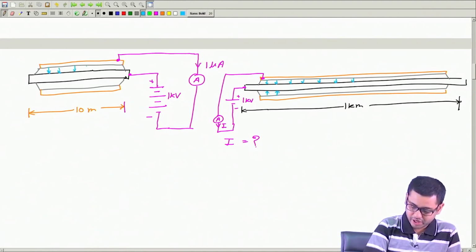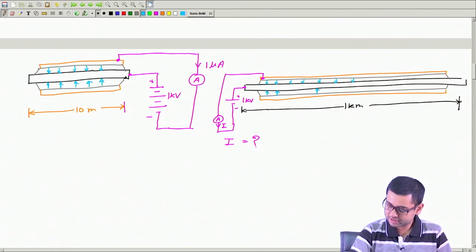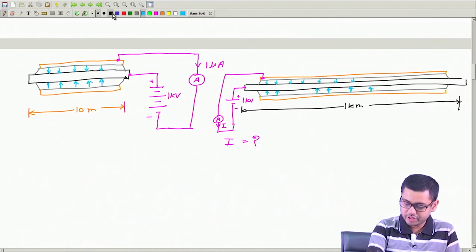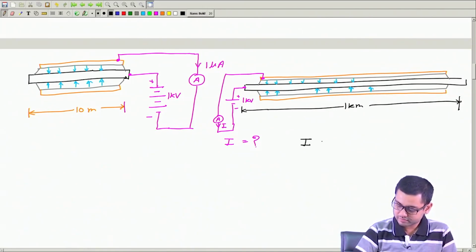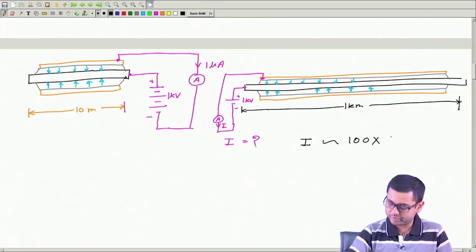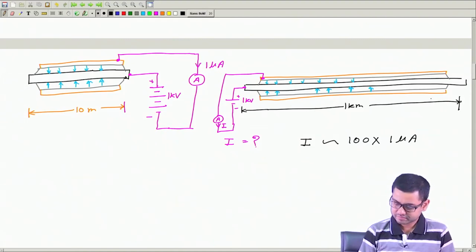Here this is the path for the electrons mainly, and here we have 100 times longer path. So definitely this current I will be expected to be around 100 times this current, which is 1 microampere, right, because now we have more current.